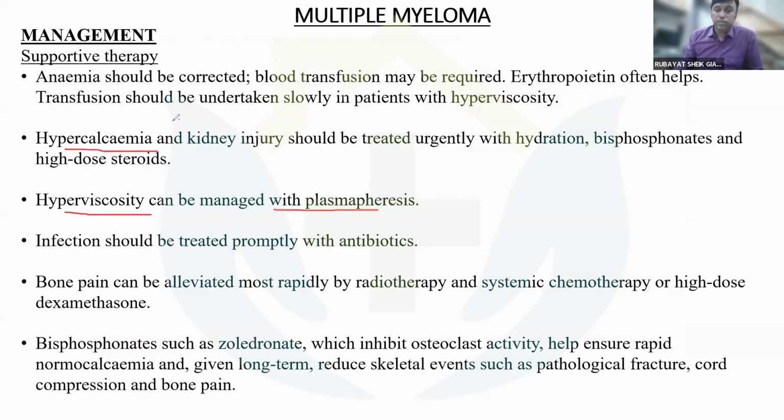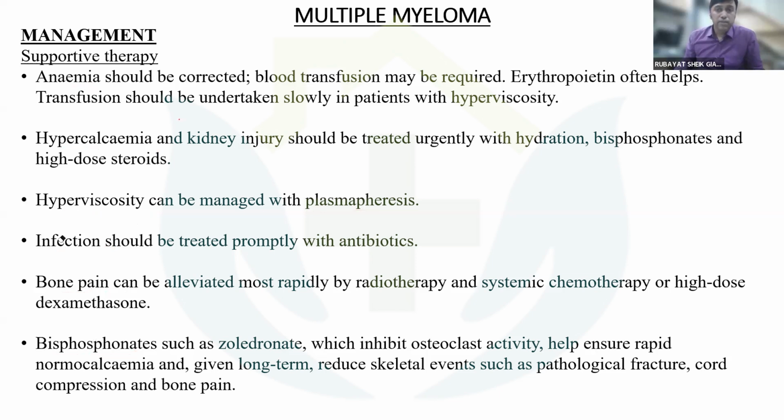Hypercalcemia management, you all know: hydration and bisphosphonates. Anemia is corrected with careful transfusion because the blood is already very thick, hyperviscous. Treat any infections, treat any bone pain with radiotherapy or dexamethasone. Bisphosphonates can also be given to reduce skeletal events. So we take care of the supportive management, which is very important because these patients will suffer from all these problems.